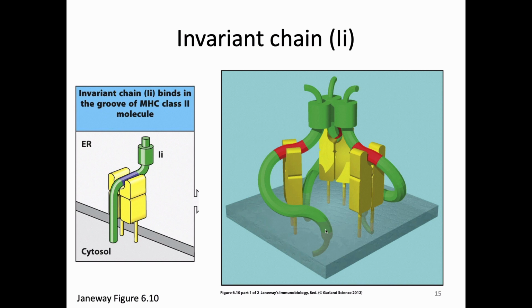And there's a little piece that's out in the cytoplasm, and that little piece of invariant chain acts as an address label that says, take this to the endosome, bring this to the late endosome, the place where the peptides are coming. So part of the way we get the delivery is through invariant chain.